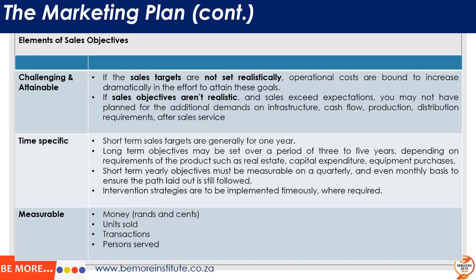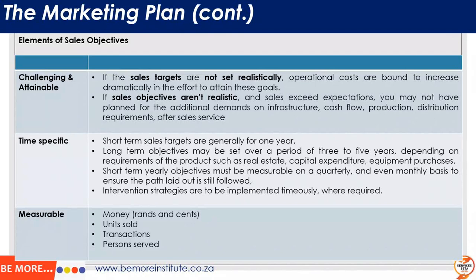The other element of sales objectives is that short-term sales targets are generally for 1 year, and long-term objectives may be set over a period of 3 to 5 years, depending on requirements of the product, such as real estate or capital expenditure and equipment purchases.